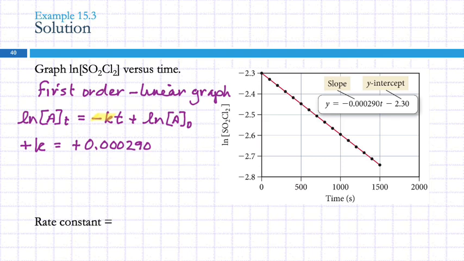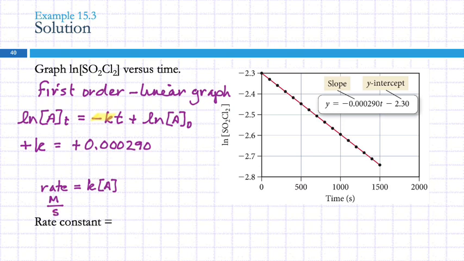What are the units of the rate constant? Let's see. Personally, I just don't remember the units on the rate constants because I can figure them out. So we can figure it out like we did last week. For a first order reaction, the rate is equal to the rate constant times the concentration. And then we plug in the units.